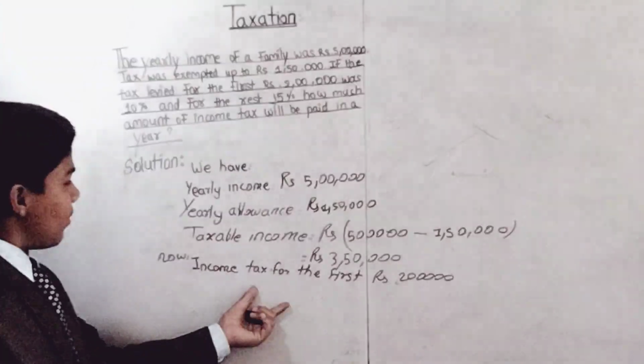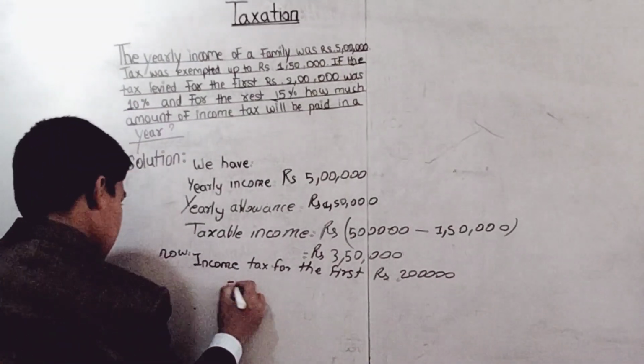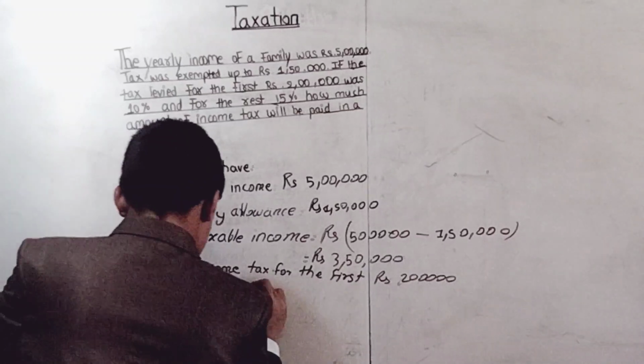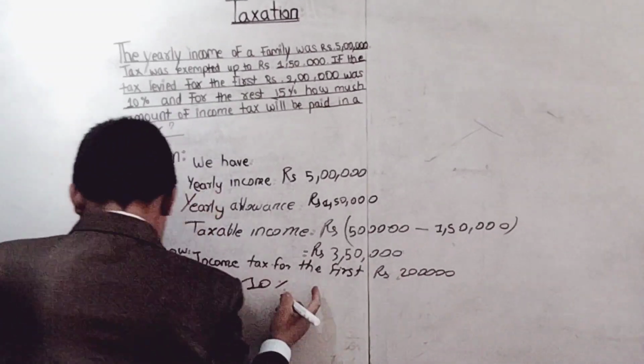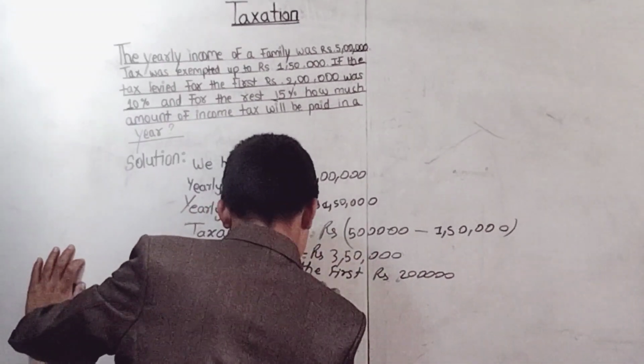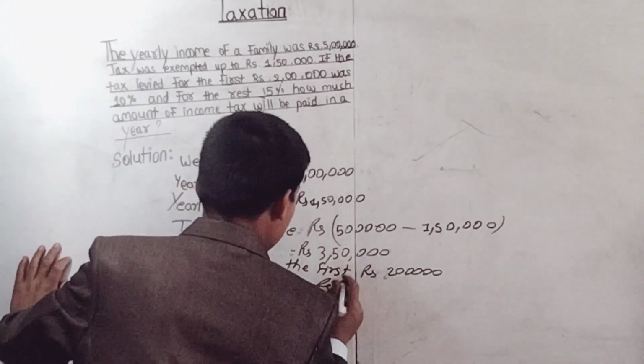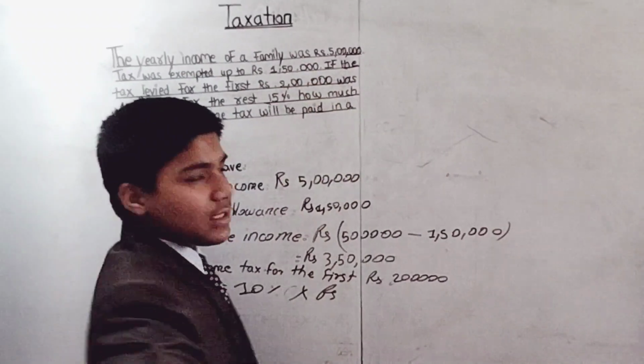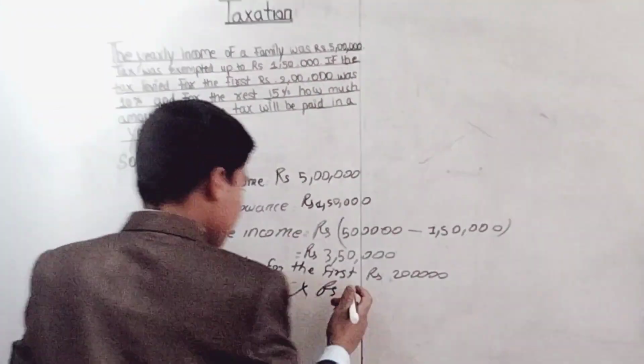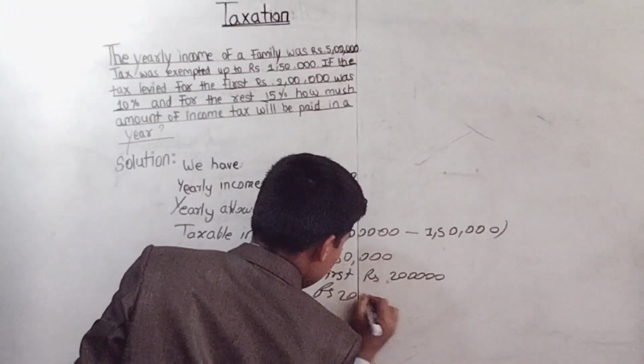Okay, so the formula is rate of tax into 2 lakh rupees, which is our income. So rupees 2 lakh.